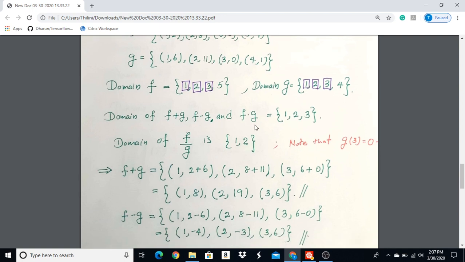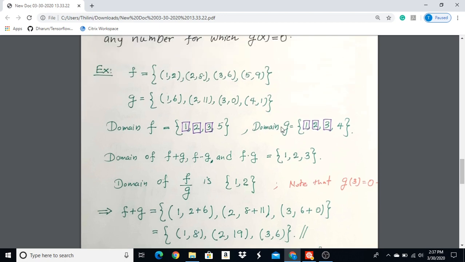But this becomes different whenever we find the division of f and g. Here we have to exclude any point where g becomes 0. So we know this is the intersection of the f and g domains. Now we need to check each point in this intersection, and see if it makes g a 0 value.